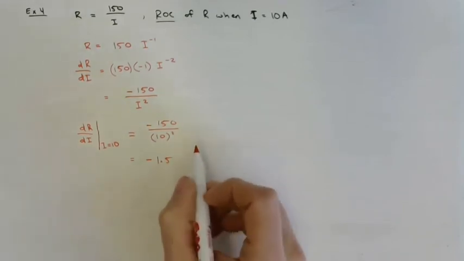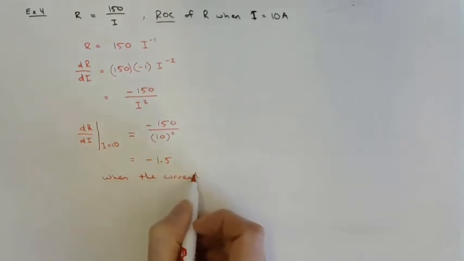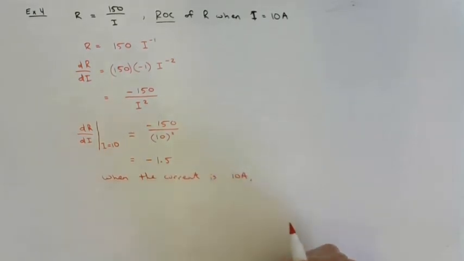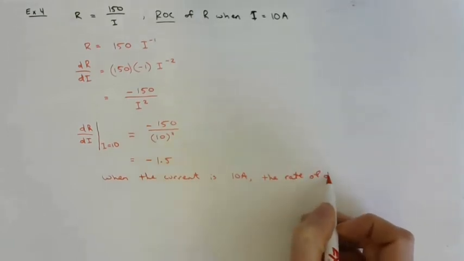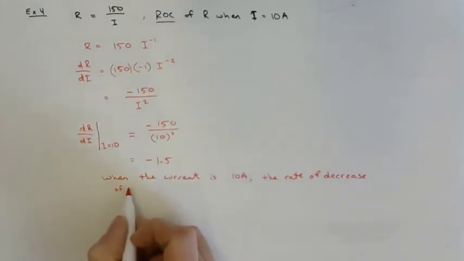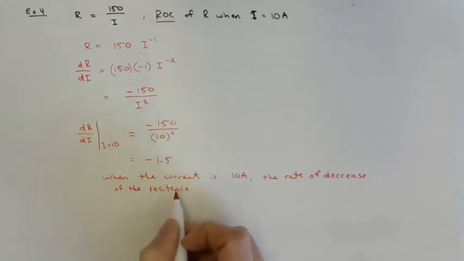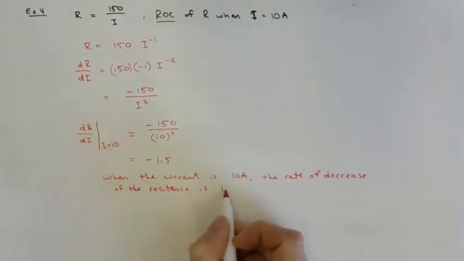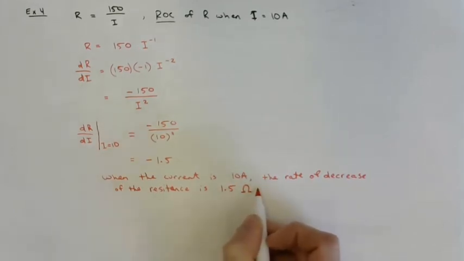So when the current is 10 amps, the rate of decrease, because it's negative, of the resistance is 1.5 ohms per amp.